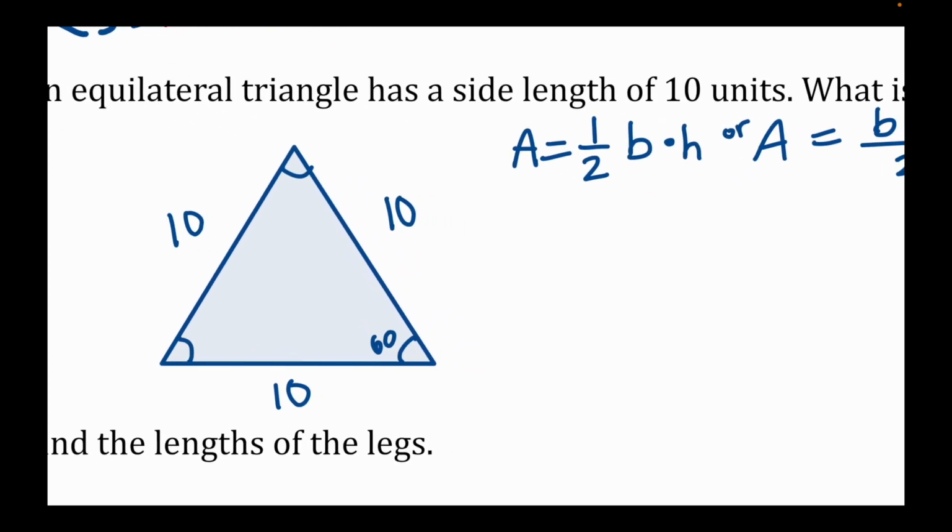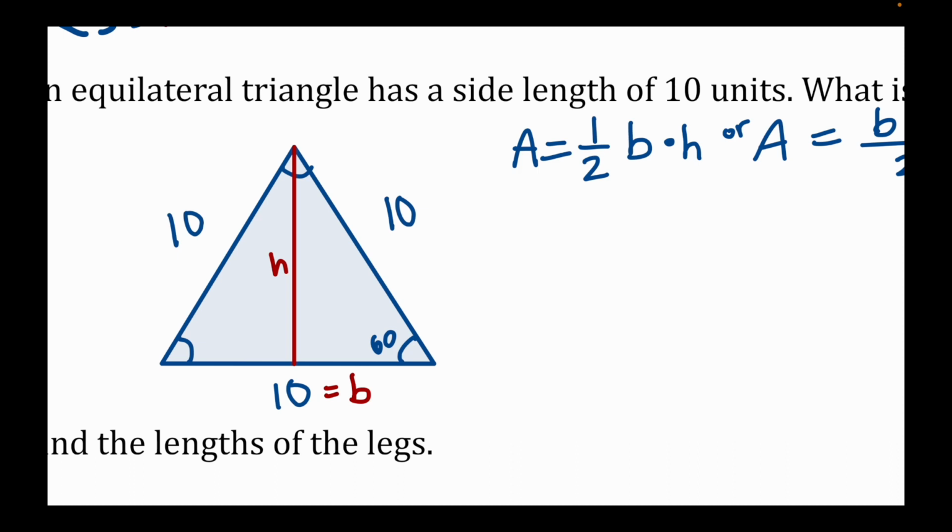So applying that, let's actually draw in the altitude, or in this case, what will be our height. So I'm going to label that H. And then 10 is our base. It is the entire flat bottom side of your triangle, whichever side you are tipping it onto. And in this case, it's going to be 10.